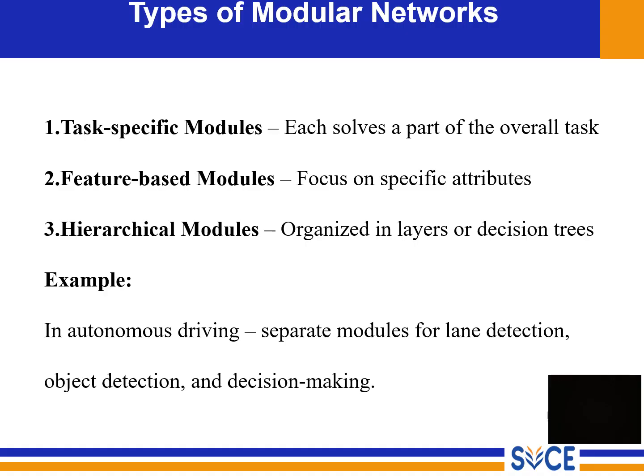First we detect lines and edges, then shapes, then objects, and then full scenes. So you can see modularity is about divide and conquer, both for performance and explainability. The next slide.